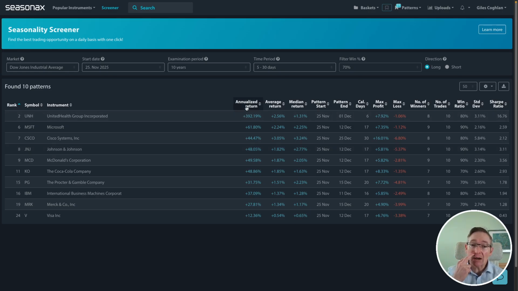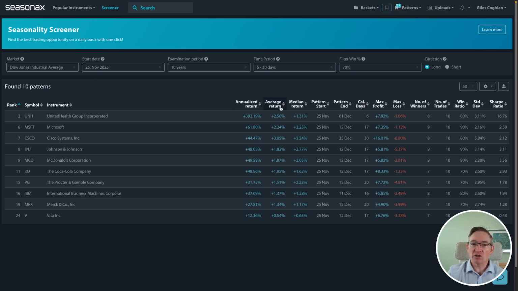This extrapolates the seasonal return over a full year to show how strong the seasonal effect is. So you can see here with UnitedHealth Group, it's got a really strong annualized return, which tells you that it's a very strong seasonal pattern. And if it's extrapolated over the year, you can see what sort of returns it gives.